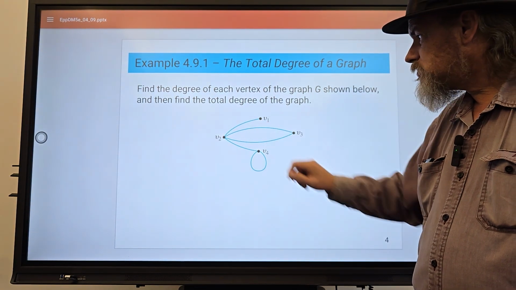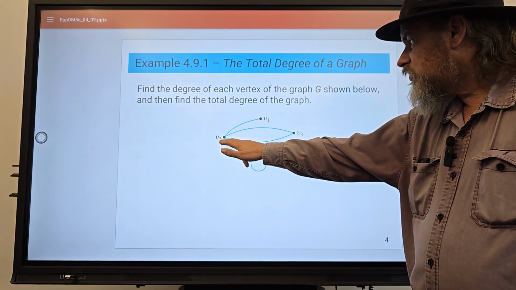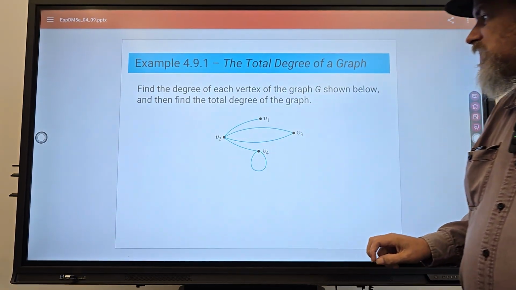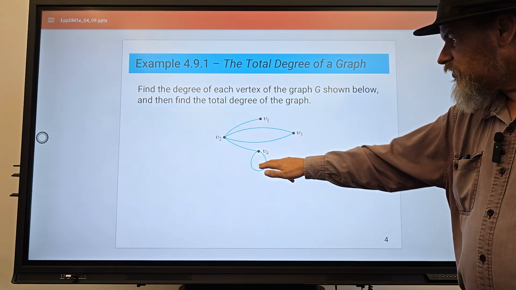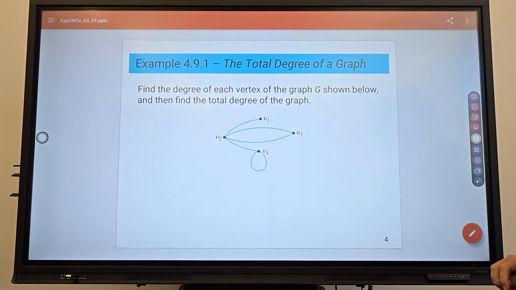So the degree of V1 is 1. Degree of V2 is 4. V3 is 2. And V4 is 3. Because that's how many edges are attached to each vertex.